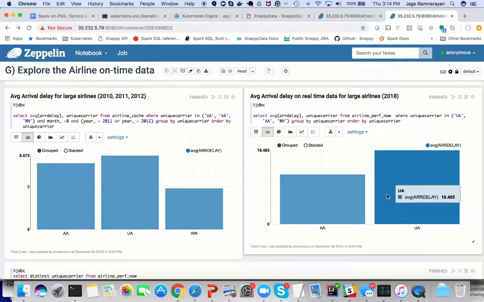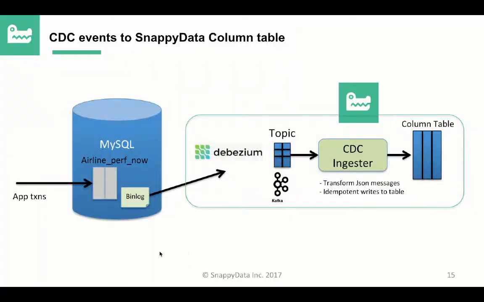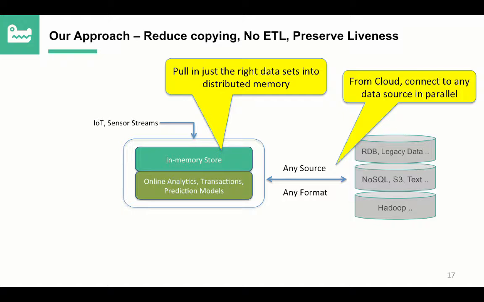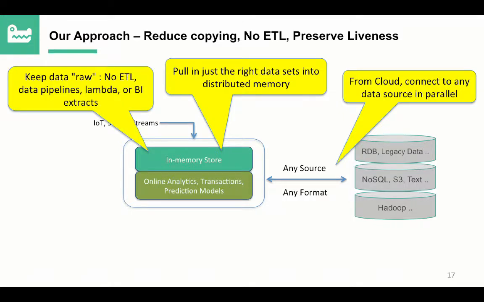All right. So I guess I showed you how we set up Debezium, how easy it was to start Debezium monitoring MySQL, how we routed it into Kafka, and from Kafka, how we picked it up very easily just by running that ingester into SnappyData. So with that, let me just summarize real quickly what we did. In part one, we went through showing you how easy it was to connect to any data source in parallel, from S3, Mongo, any SQL database, and how we pull the right data sets into distributed memory.